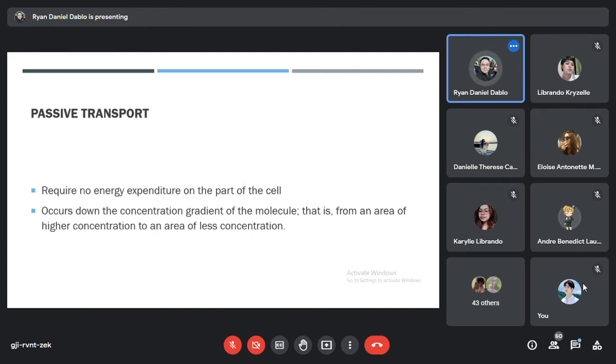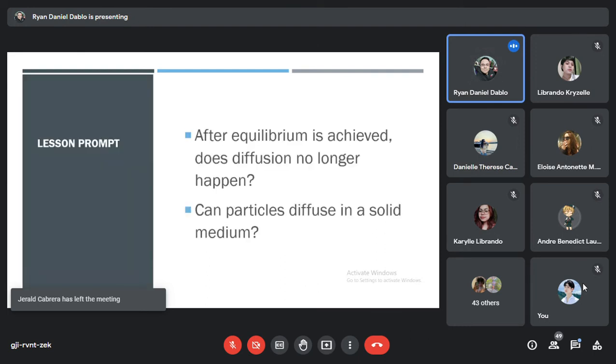Passive transport requires no energy expenditure on the part of the cell, but the limitation is it is unidirectional, right? It can only move from an area of higher solute concentration to an area of less solute concentration. But again, the cell need not work for these processes to happen. Okay? After equilibrium is achieved, does diffusion no longer happen?